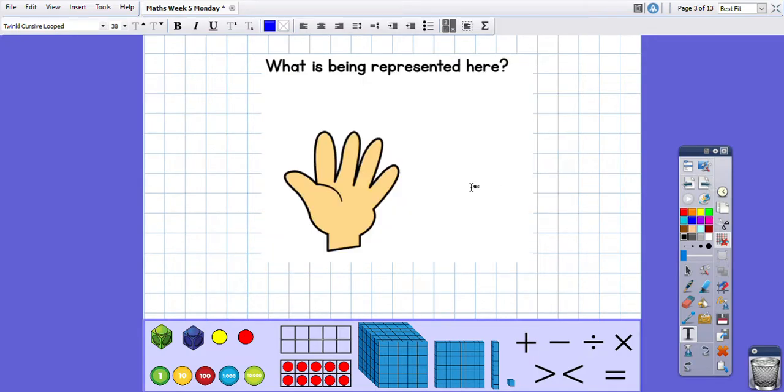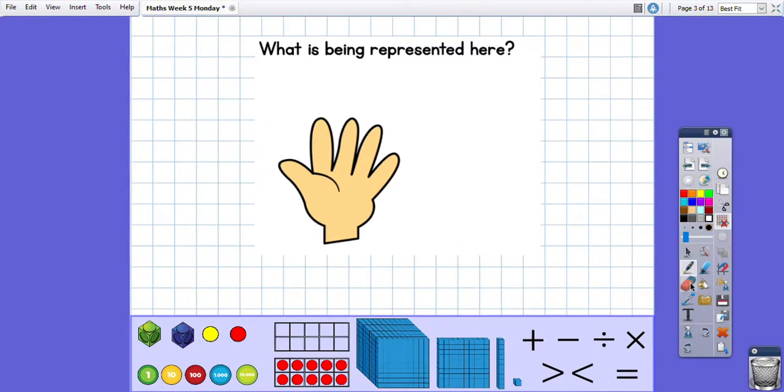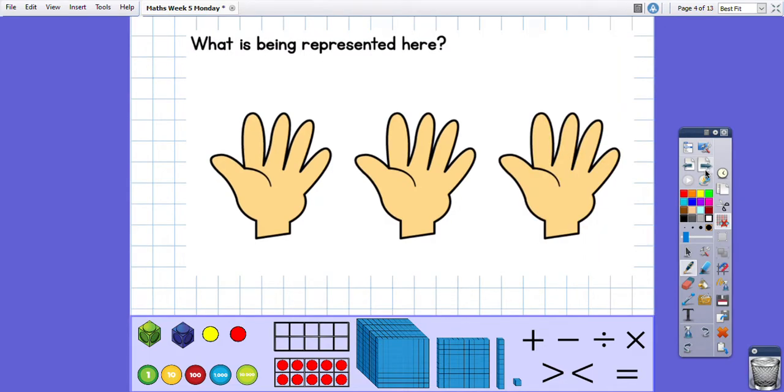Okay. What is being represented here? What can you see? That's right, it's a hand. So there's 5 fingers, so it is representing 5. What about then here? What is being represented here?